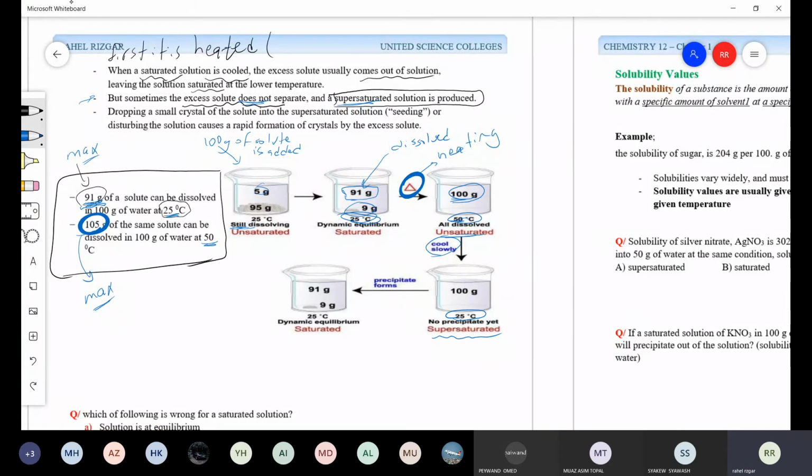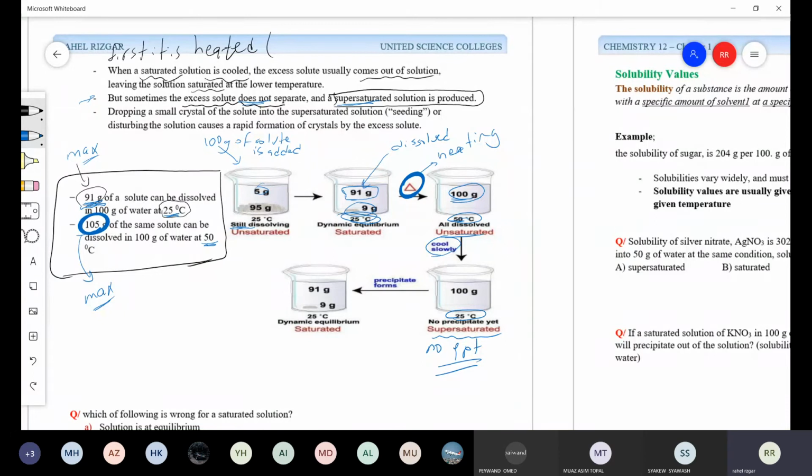Why? Because at 25 Celsius, only 91 can be dissolved, but here 100 grams is dissolved, with no precipitation. A supersaturated solution can never have precipitation; had there been precipitation, it would not be supersaturated. We call it supersaturated because it holds more than it can normally dissolve.